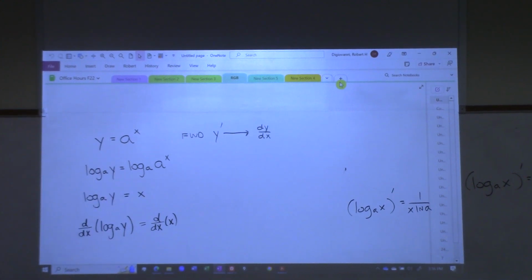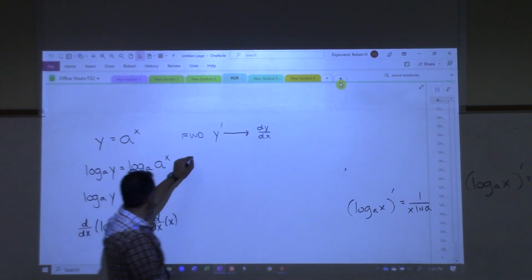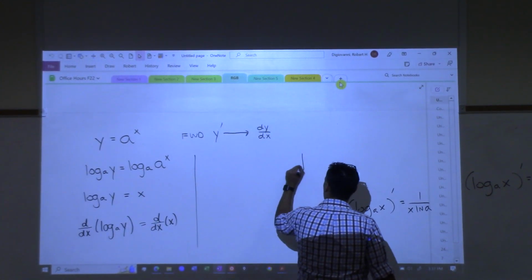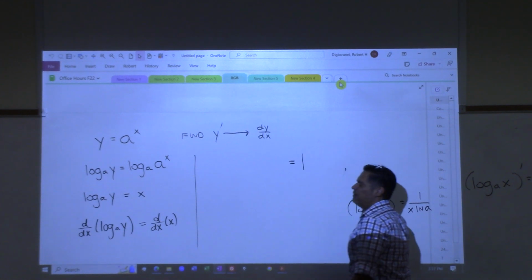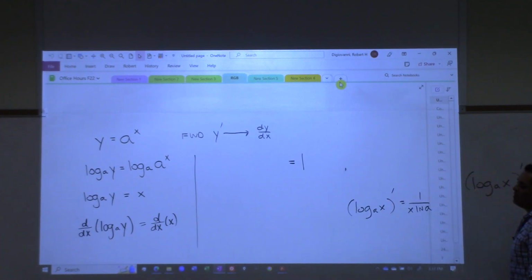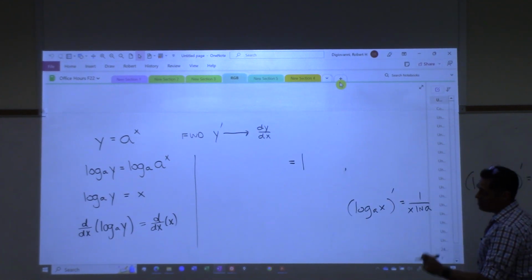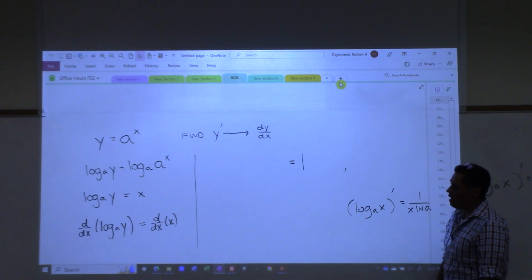So which of those sides looks nicer to you? Right side. What's the right side? 1, right? That's just 1. So the right side is 1. Now, be very careful. What is the derivative with respect to x of log base a of y?